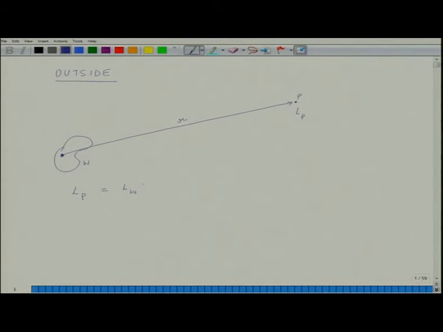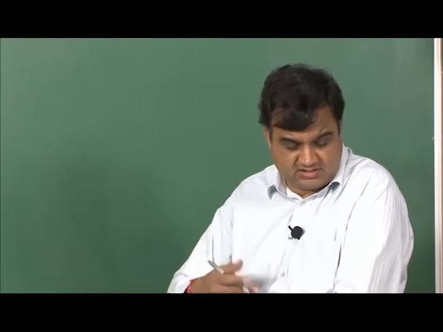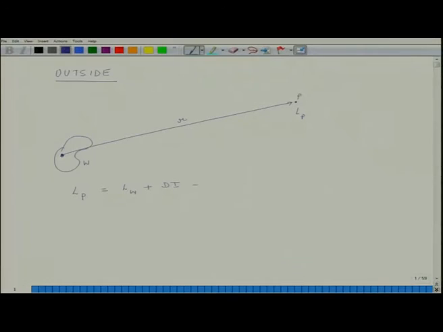So, LP is equal to LW plus the directivity index, and if it is a perfectly spherically symmetric source, then the directivity index will be 0, otherwise it will be some non-zero number, minus 20 log10 of the radius, minus the effect of air attenuation, which is 4.34 m times r, and minus 10.9.